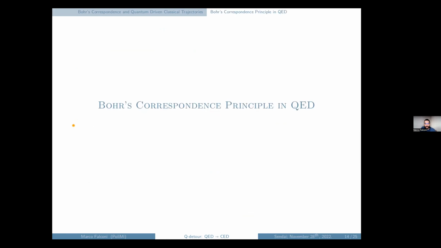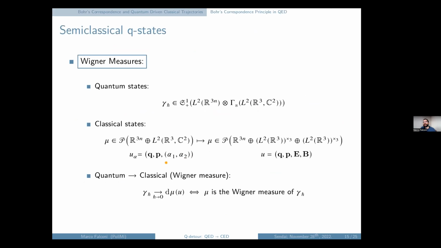So these are the natural variables in semi-classical analysis for the electromagnetic field. You can reconstruct E and B by constructing the electromagnetic vector potential from alpha 1 and alpha 2. Then taking the time derivative, you will get E, and taking the curl, you will get B. So the original variables that we consider can be reconstructed by this.